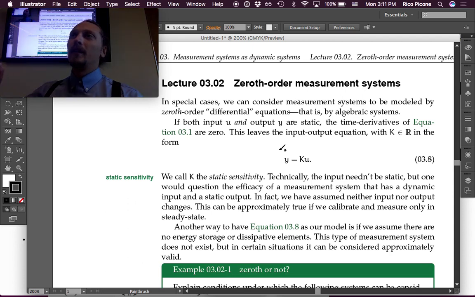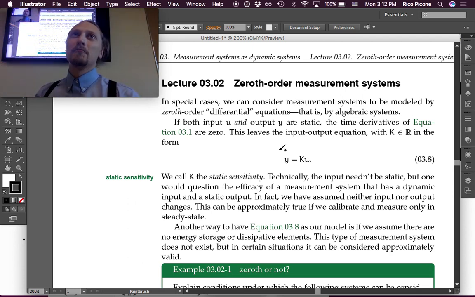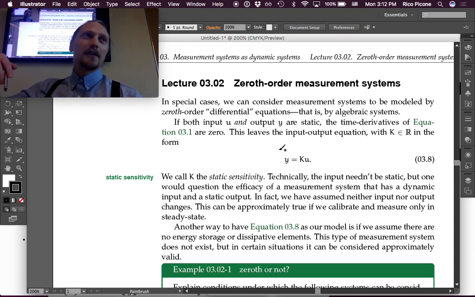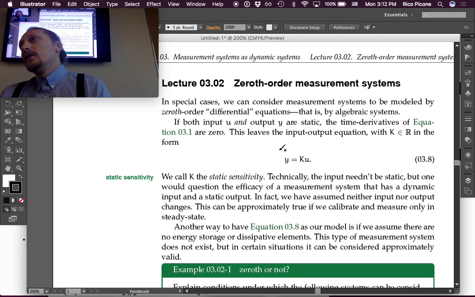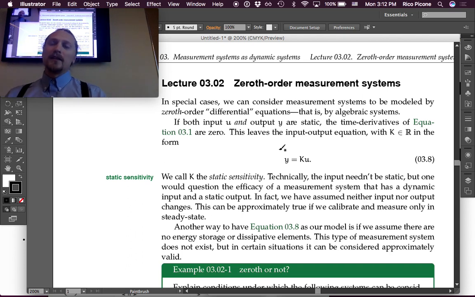And fortunately, the characteristics of 0, first, and second order systems show up as components of higher order systems. So you see first and second order characteristics in third, fourth, and fifth order systems as well. So it's useful not just because it's easier, but because these concepts get repeated again and again at higher orders.